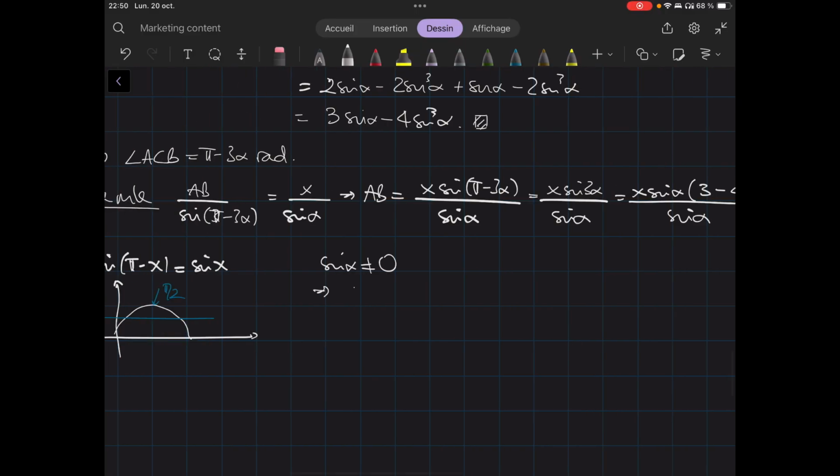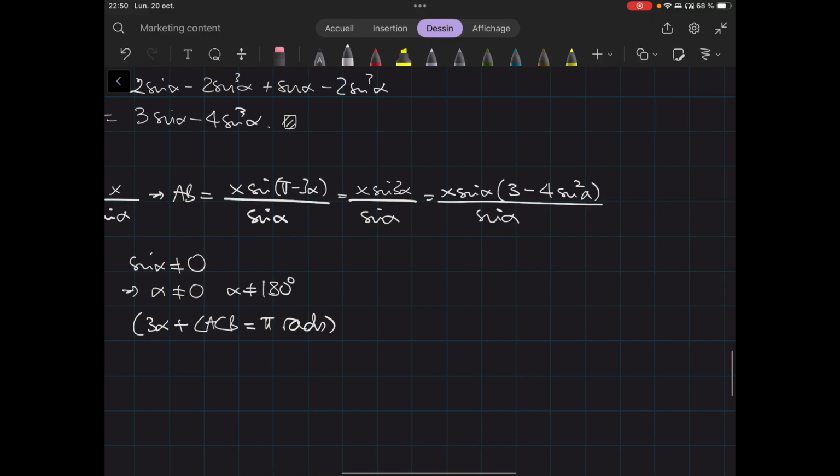And this is because alpha is not equal to 0, and alpha must not be equal to 180, because we know that 3 alpha plus angle ACB has to be equal to pi radians. Therefore, we can simplify the sine alphas, and we will have arrived at our destination.